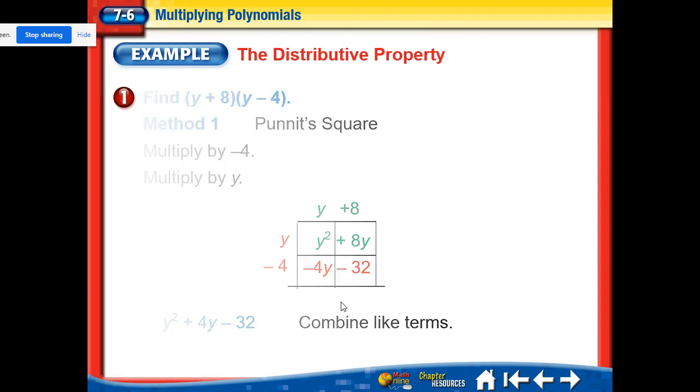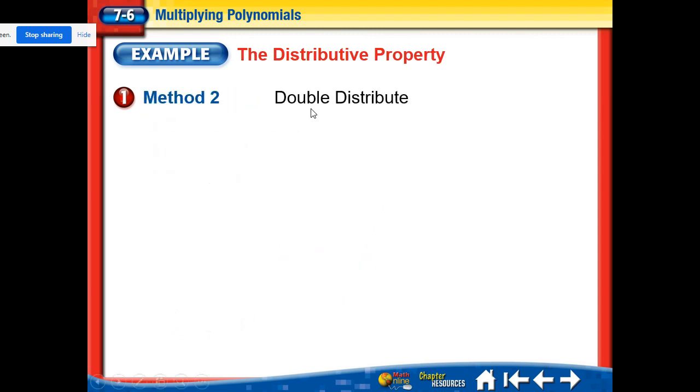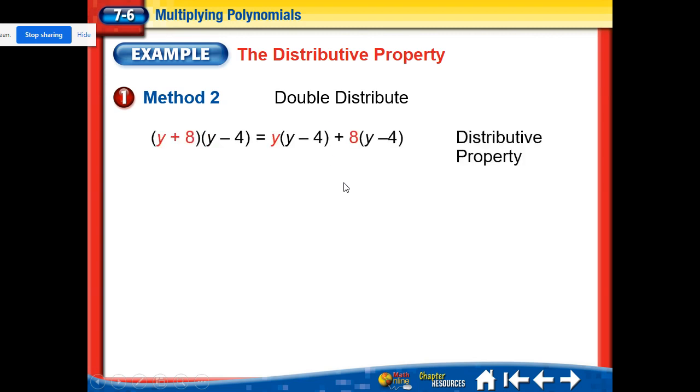You can either use the Punnett squares or what we call a double distribute. And what the double distribute, or sometimes also called FOIL, I'll show you what the FOIL is in just a little bit. But see this first term, the y plus 8? We're going to distribute the y, and then we'll distribute the plus 8. So the y gets multiplied by y minus 4, and the 8 gets multiplied by y minus 4.